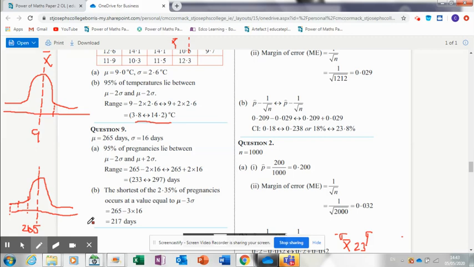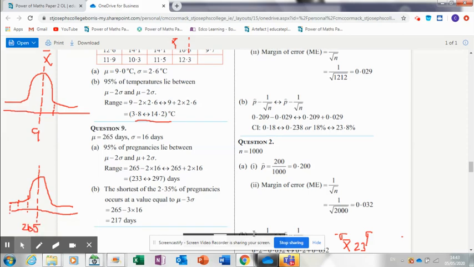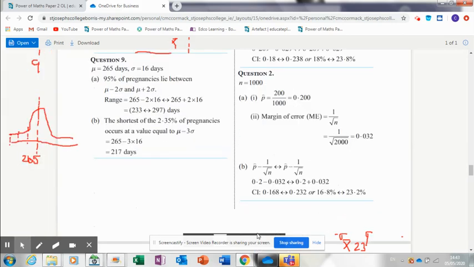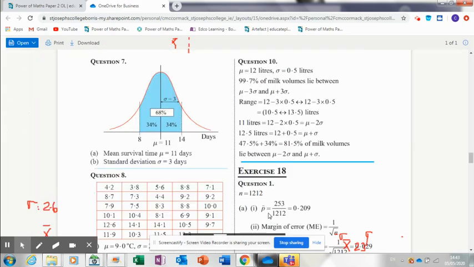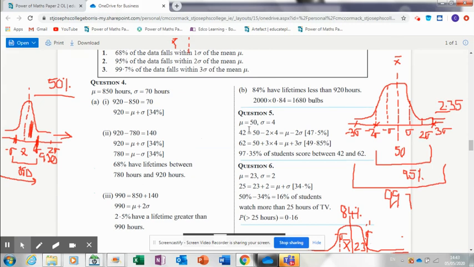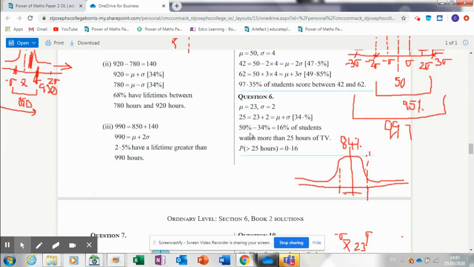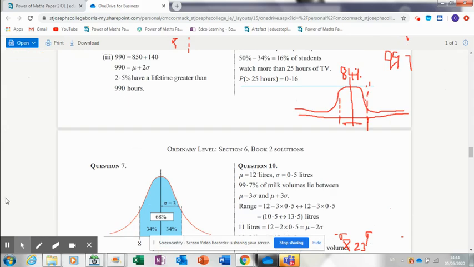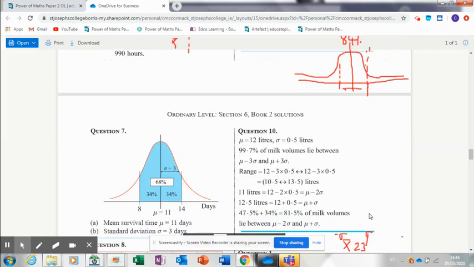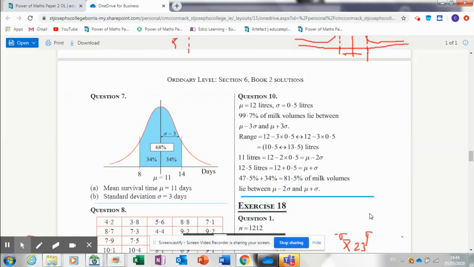Okay. Question 10, the last question here. What was question 10 in your textbook?